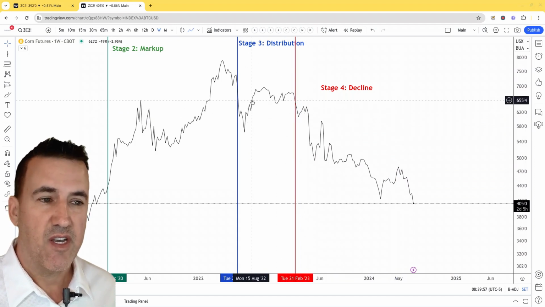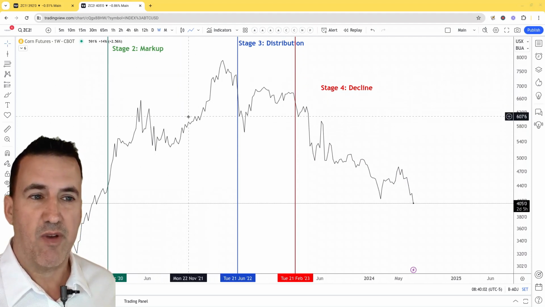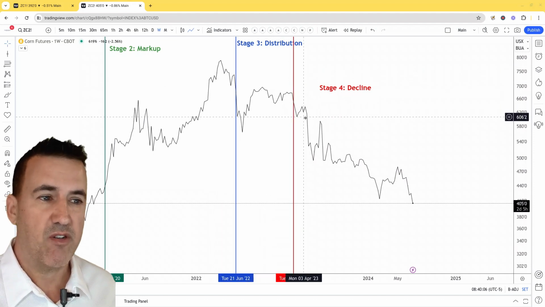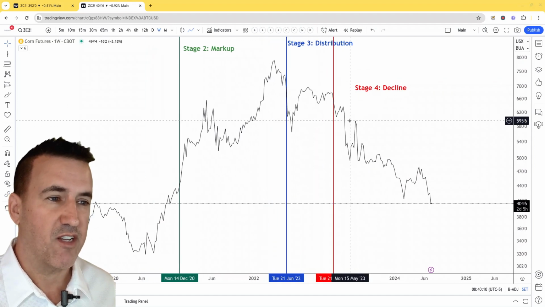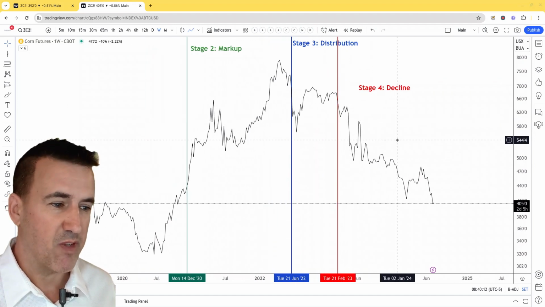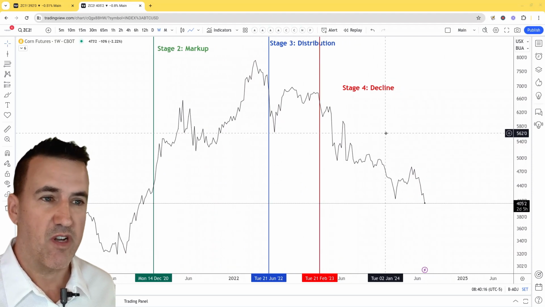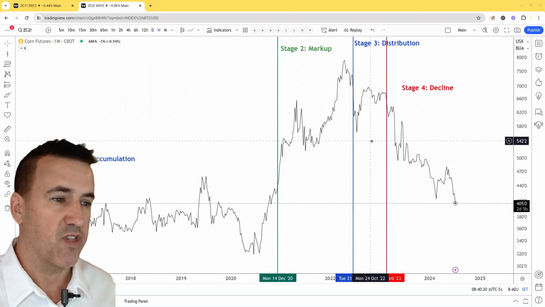If this stage 3 distribution had continued on to the stage 2 markup, it didn't happen here, so it's called the stage 4 decline. So the stage 4 decline has taken quite a while. The duration appears to be almost as long as the stage 2 markup, and certainly longer than the stage 3 distribution, the stage 4 decline.